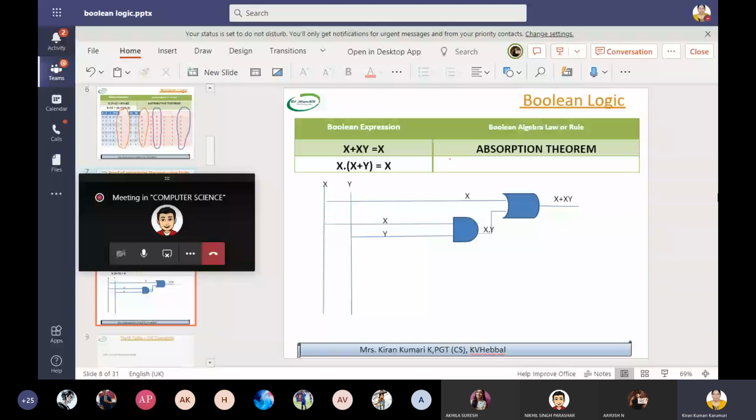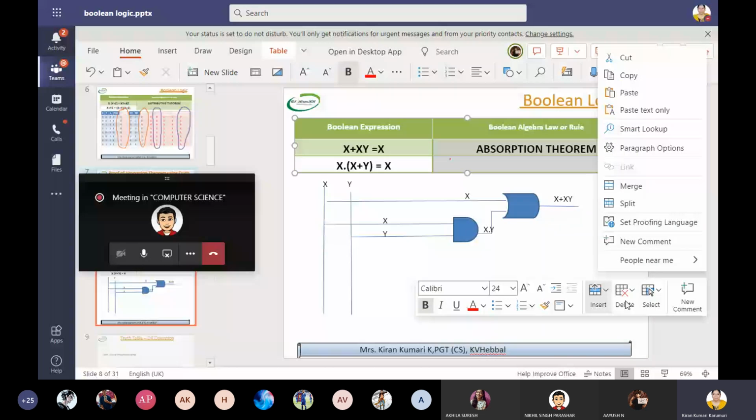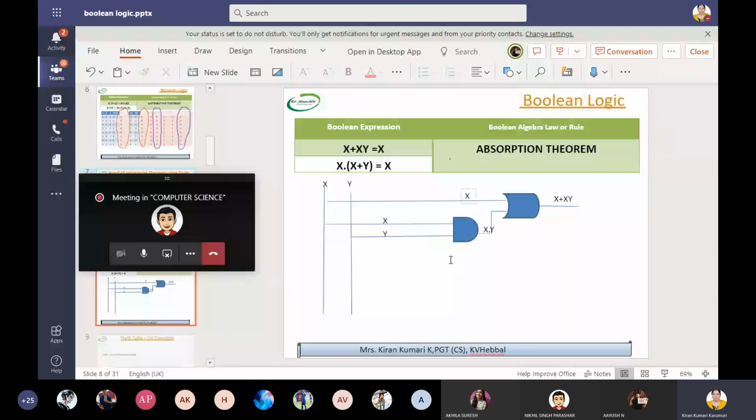Is it clear to everybody? You must be thinking why we should learn all this math. It will reduce the complexity of the circuit. Where our expression is very big, wherever we can simplify or replace, this big circuit can be replaced with a single wire.